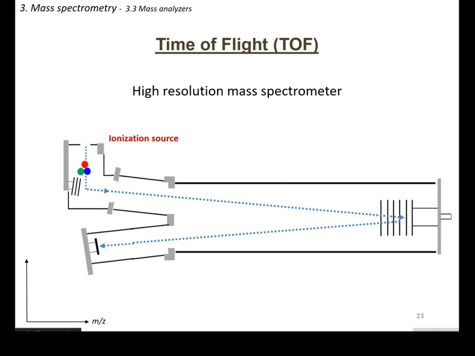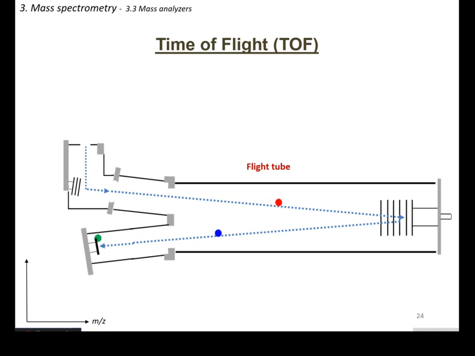From the ionization source, you have these packs of ions coming continuously, and then they are pushed. Depending on their mass-to-charge ratio, they will take more or less time to cross the tube. The heavier the ion, the more time it will take.